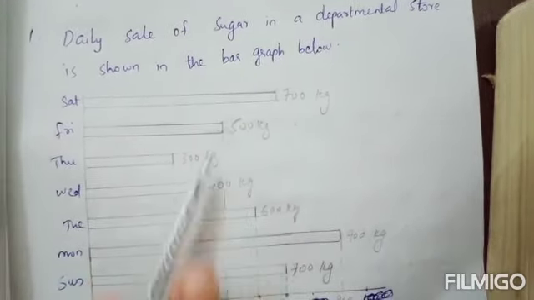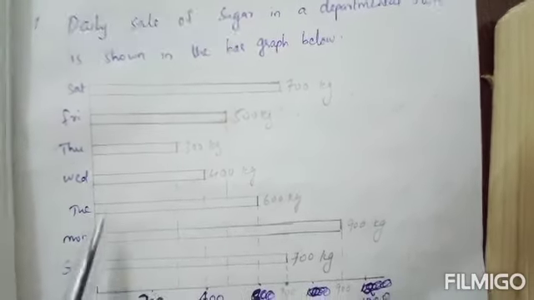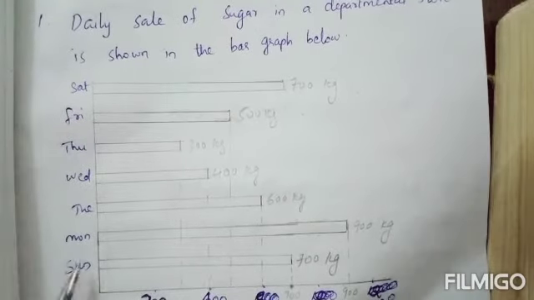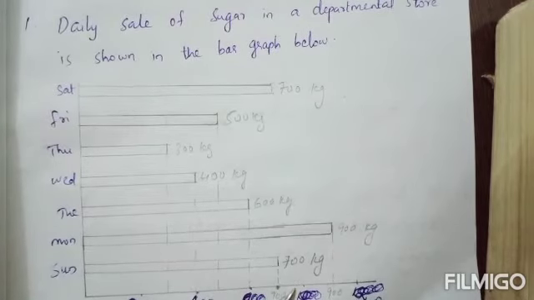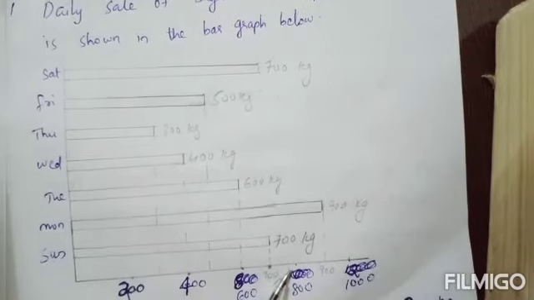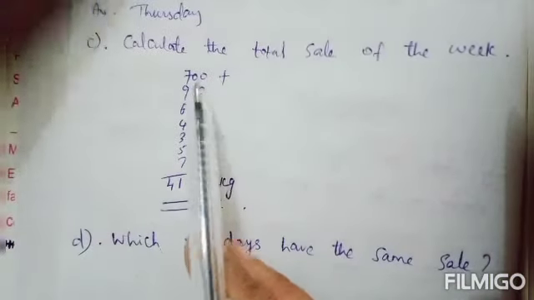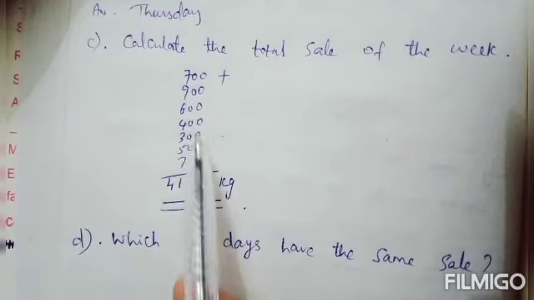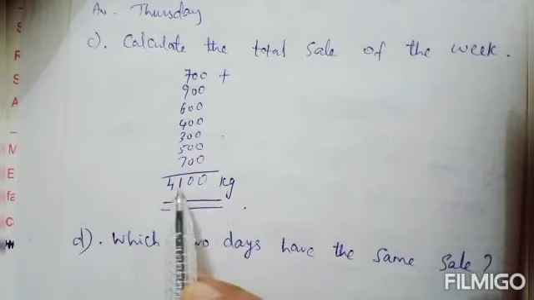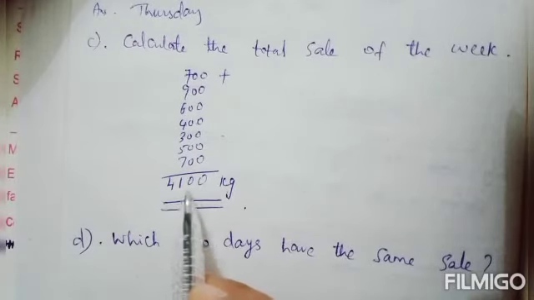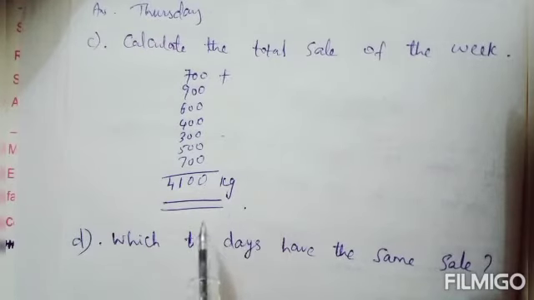One week contains these 7 days, so you add these values to find the total sale of the week. On adding, you will get 4100. So 4100 kilogram of sugar is the total sale of the week.